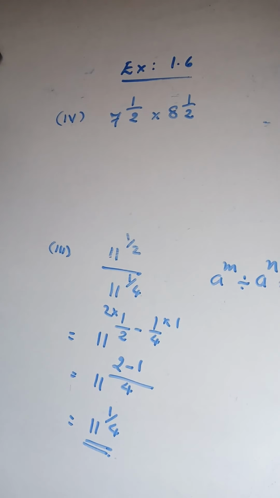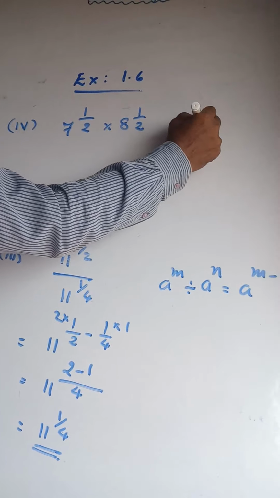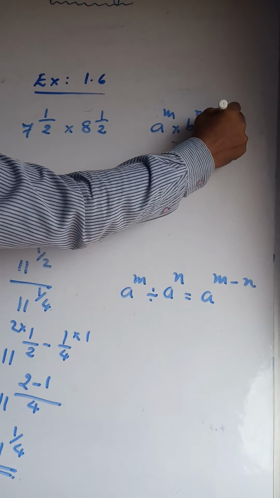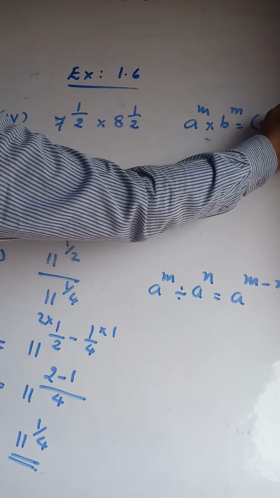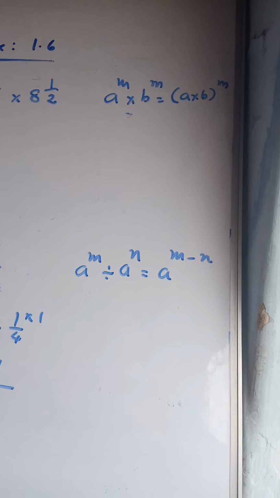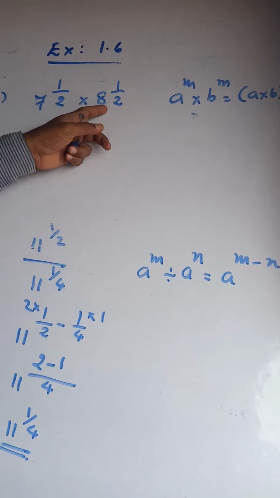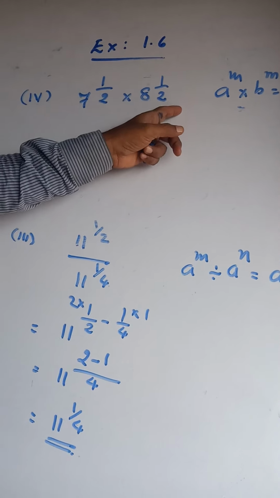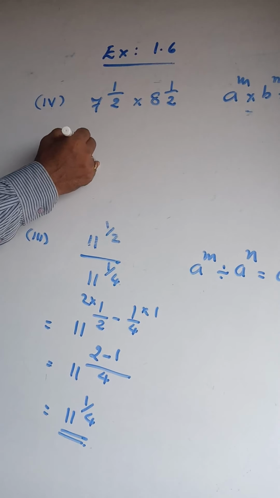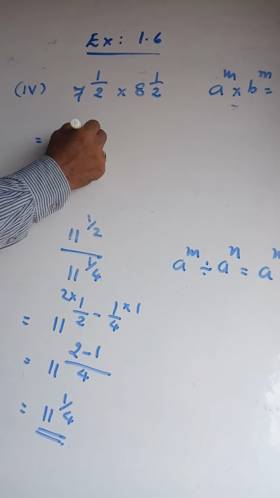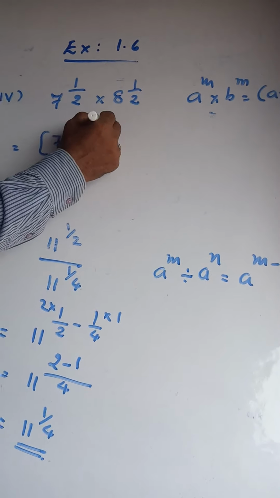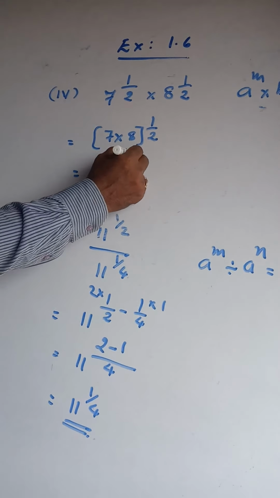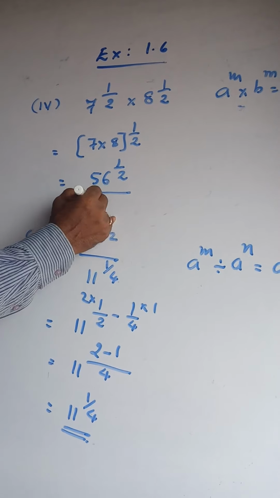Here we use a raised to the power m into b raised to the power m. It is a into b, raised to the power m. Here both the bases are different, but the exponents are same. Therefore, we unite both the bases in one bracket. We will take the single exponent. It is 56 raised to the power 1 by 2.